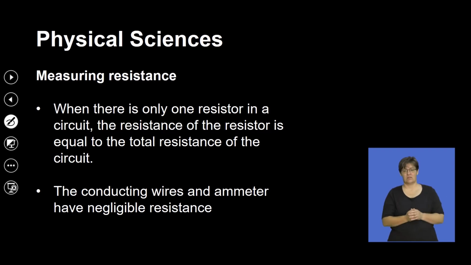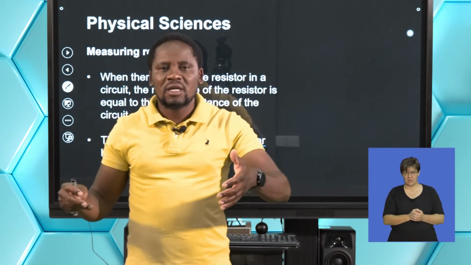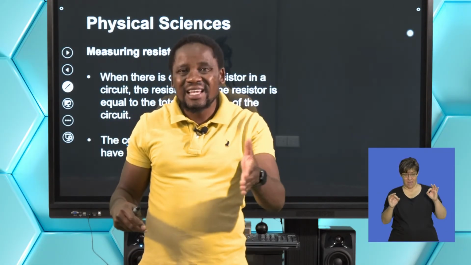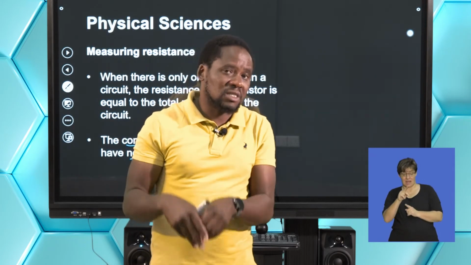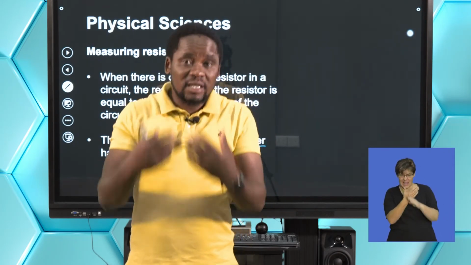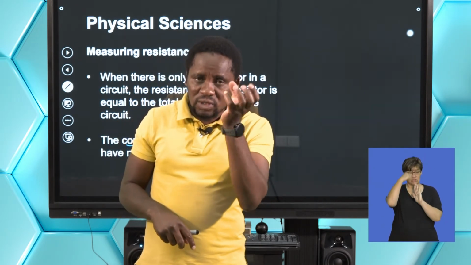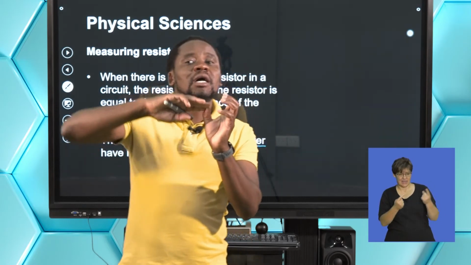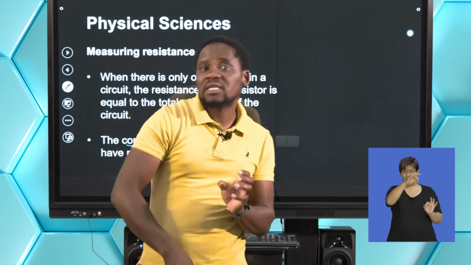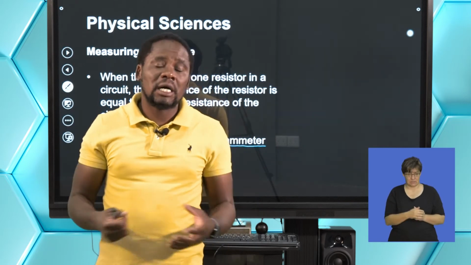And then the other assumption that we are working on is that the ammeter, which is always connected in series, and the conducting wires have negligible resistance. Let's try and unpack that term. If we assume that the conducting wires and the ammeters connected in series have negligible resistance, it says to us that the resistance in the total circuit is offered by other components except for the conducting wires and the ammeters.